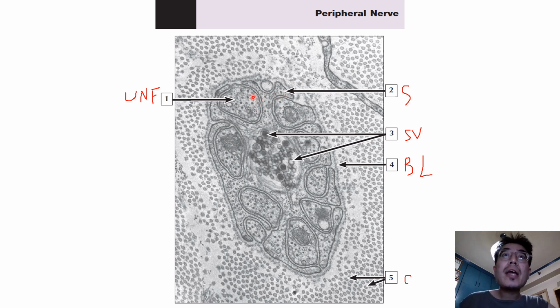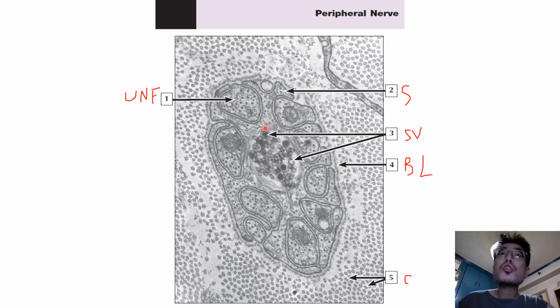In this electron micrograph, number 1 here is an unmyelinated nerve fiber. And number 2 is a Schwann cell, which we can see either completely or partially envelopes the nerve fibers in groove-like invaginations. These invaginations we can see are open to the surface.